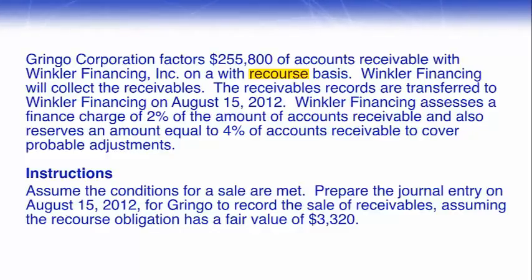The receivables are transferred to Winkler on August 15th, 2012, and Winkler assesses a finance charge of 2% and reserves 4% for adjustments related to returns and allowances. So, assuming the conditions of a sale are met, we want to prepare the journal entry for Gringo to record the sale of the receivables.